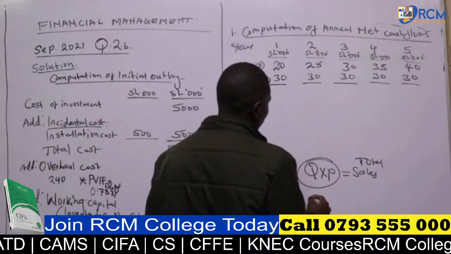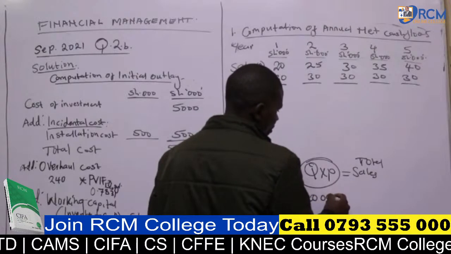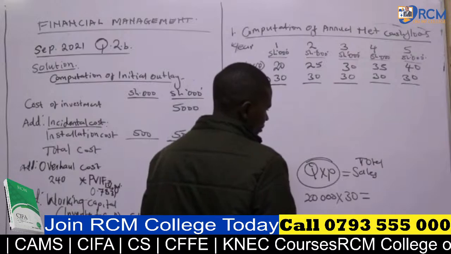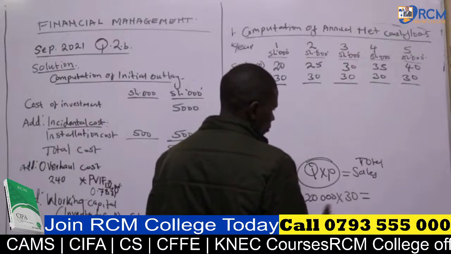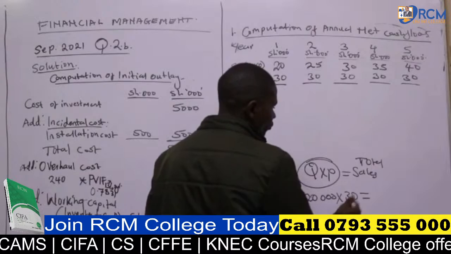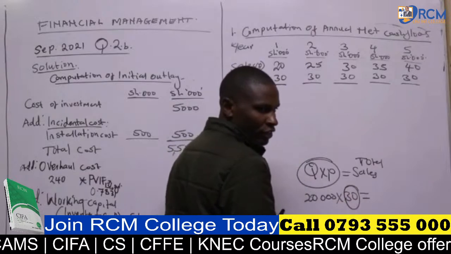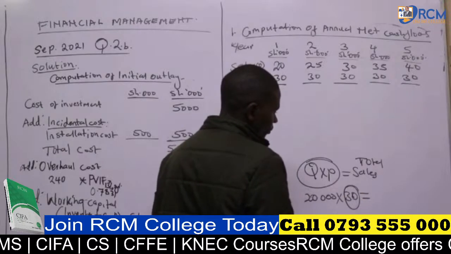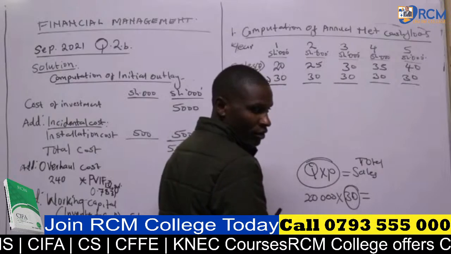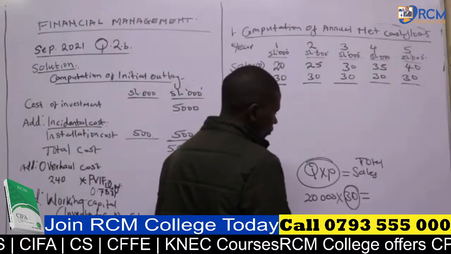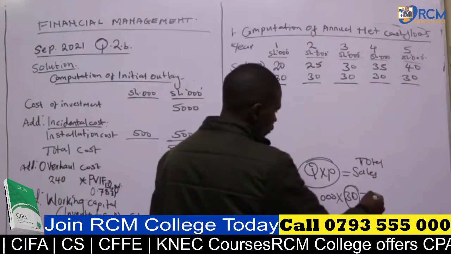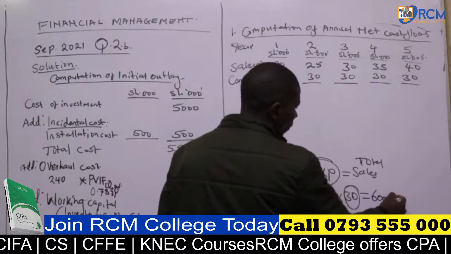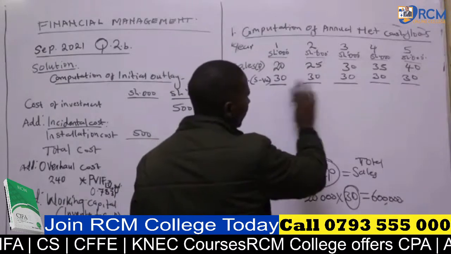Therefore, I have, for example, 20,000 times 30. Itanipatia ngapi? Now I want to get my total. Because I know this is shillings. It will be 600,000.